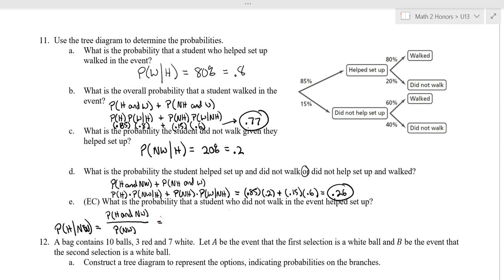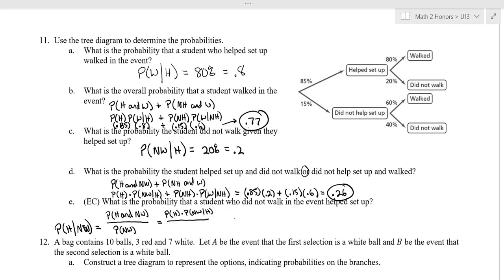Alright, so the top formula, not too bad. We can find that one, and I think we've maybe done that already. So that's the probability of helping times the probability of not walking given that you helped.